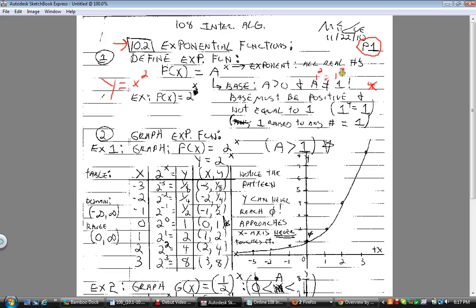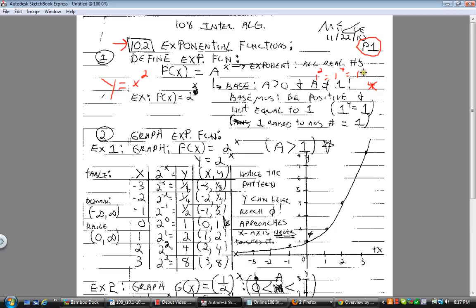These all equal each other because 1 raised to any exponent always equals 1. And so there's no need to really consider that in these discussions. That would produce a horizontal line with y equal 1. Okay, so we don't focus on that.